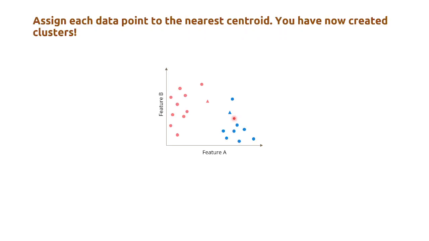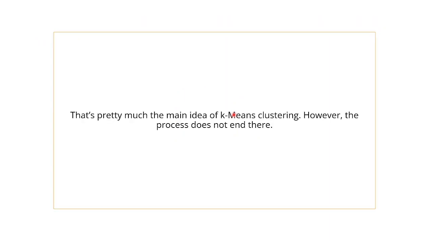After that, assign each data point to the nearest centroid. Now you have created your clusters. So these red circles are assigned to the red centroid, and these blue circles are assigned to the blue centroid. So that is roughly the idea of k-means clustering.